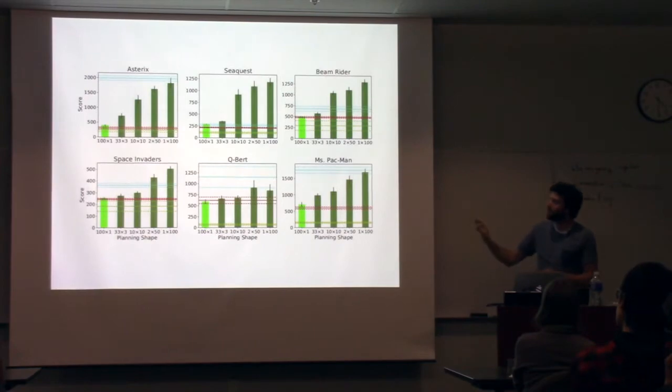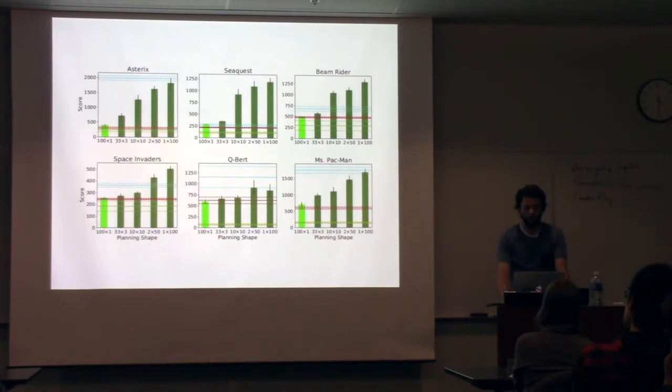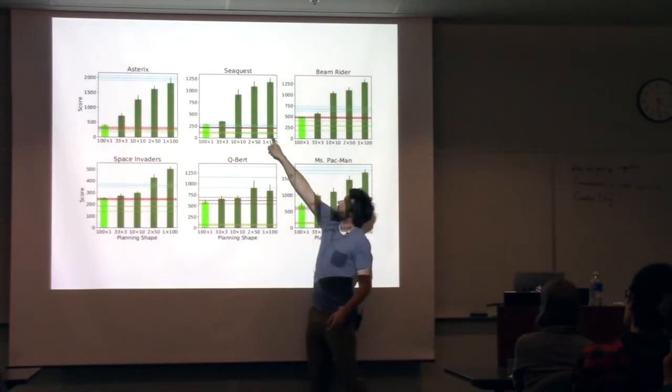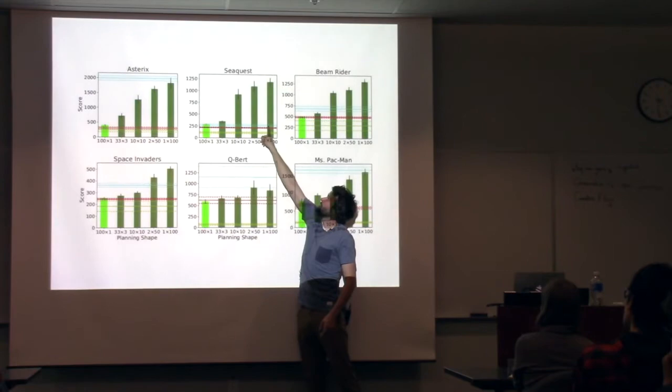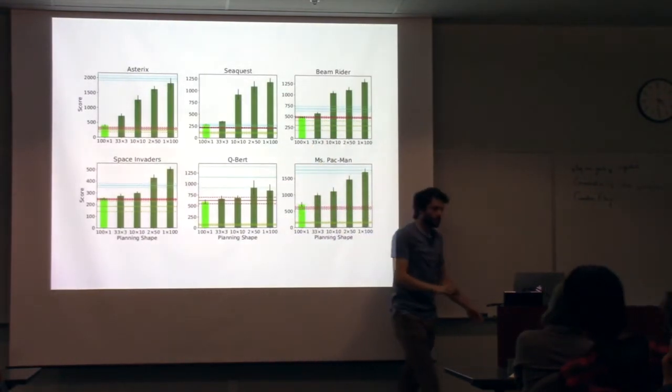So in general, performance increases as you increase the rollout length. And kind of interestingly, Rollout-Dyna-DQN outperforms DQN 10 million in Seaquest, BeamRider, and Space Invaders. So the DQN 10 million baseline is here, and it's way above in Seaquest. It's above in BeamRider and Space Invaders.